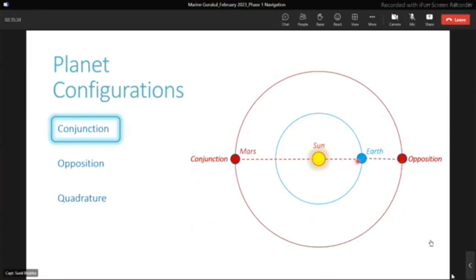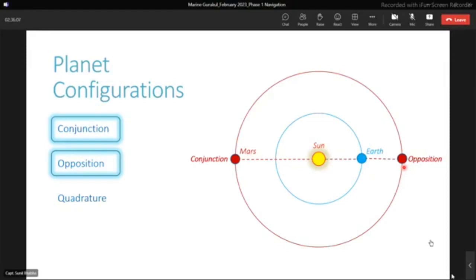The sun is in one particular direction and the planet Mars is exactly in the opposite direction. Now this particular orientation is called opposition. We say the planet Mars is in opposition to the sun. So opposition basically means that the planet and the sun are in totally opposite directions.